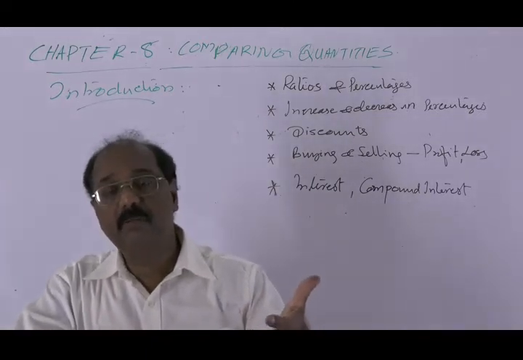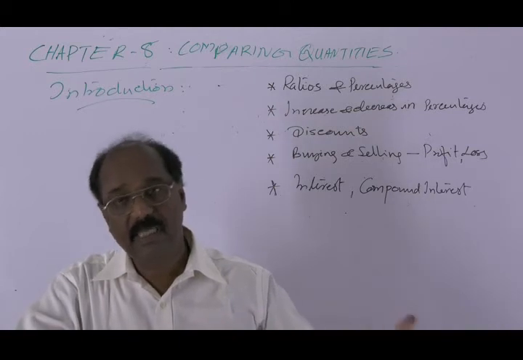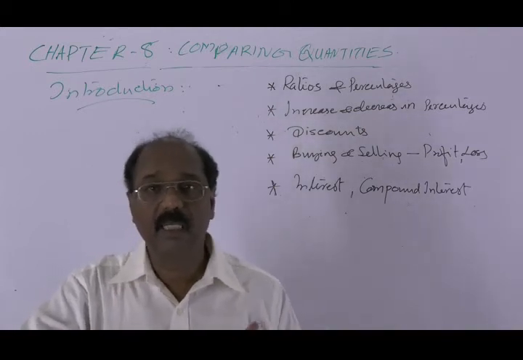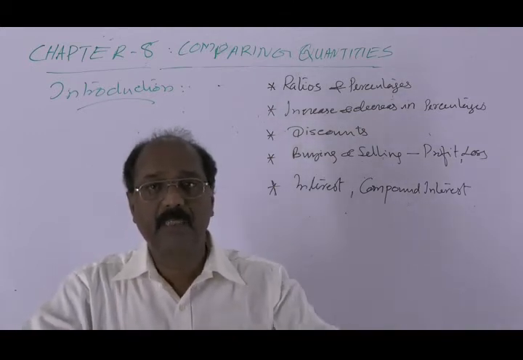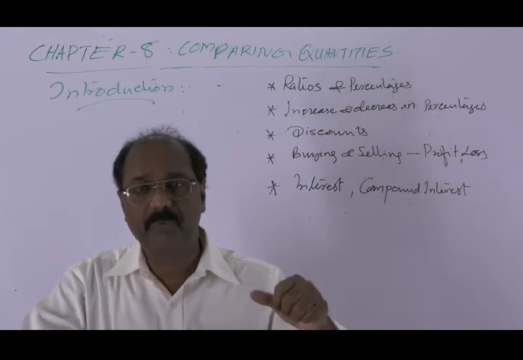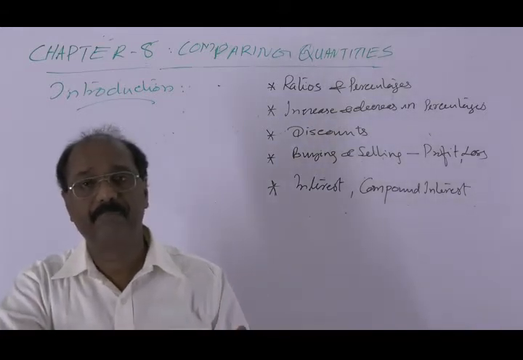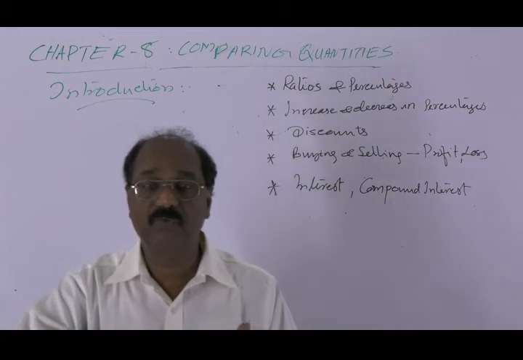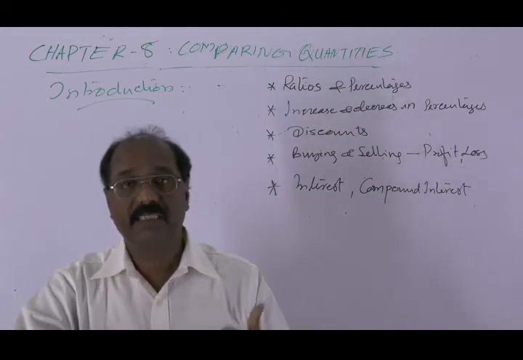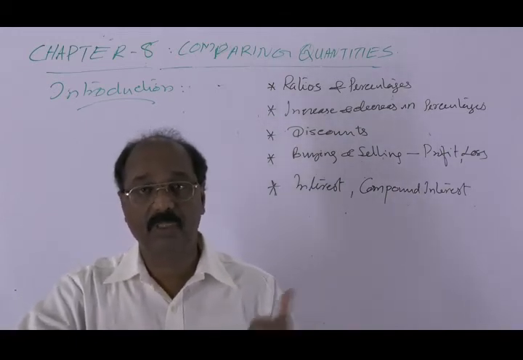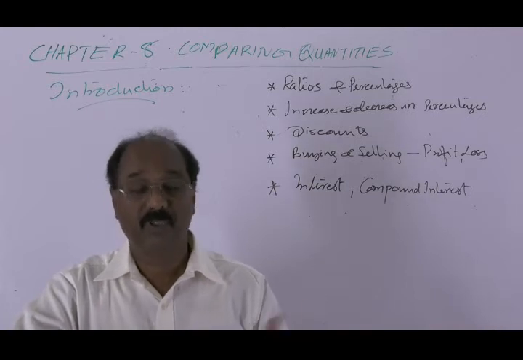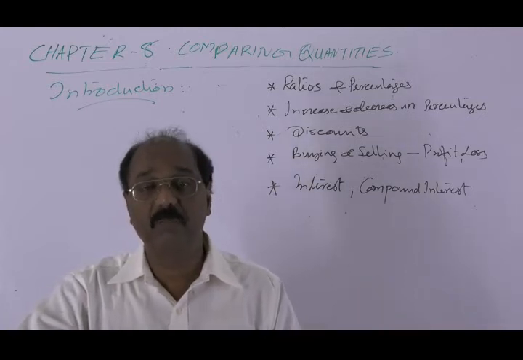Discount is a familiar word we daily hear. In the market, suppose we purchase some commodity or goods, we will be getting some discount from the merchant or the retailer or the shopkeeper. So what is the amount of discount we obtain?